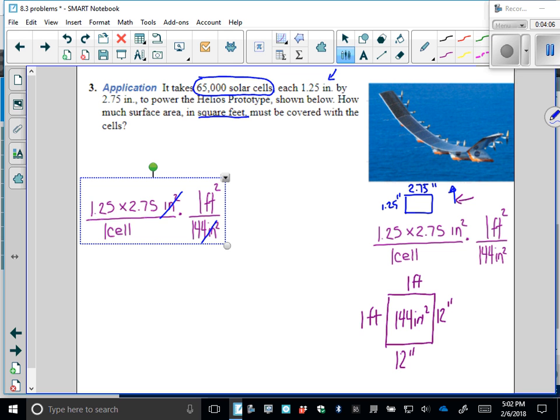And so, remembering my question, I want to figure out how much surface area in square feet that I need to cover the cells. So this up here tells me that I have 65,000 of these cells on the prototype.